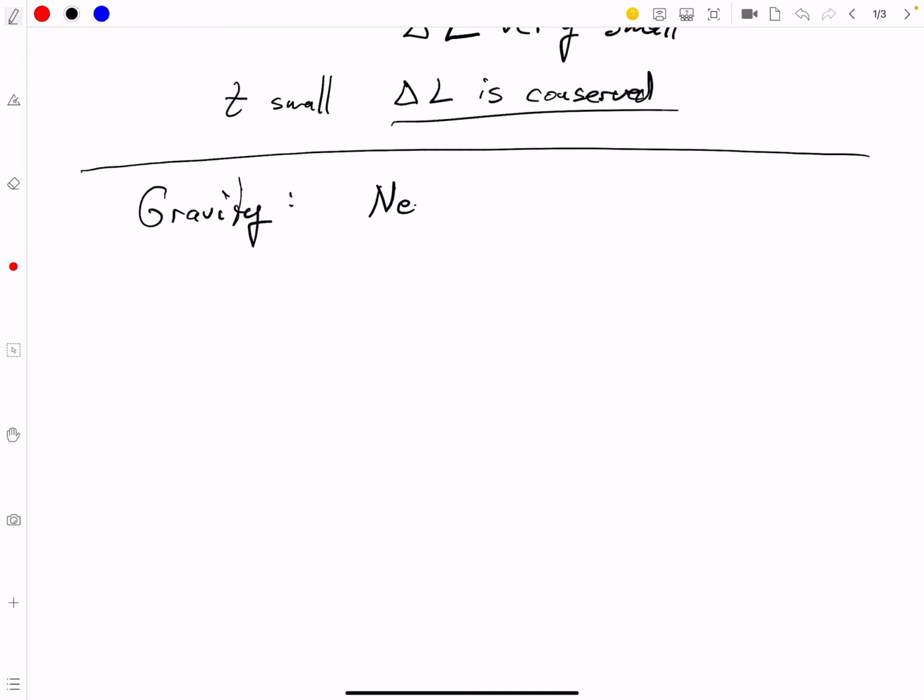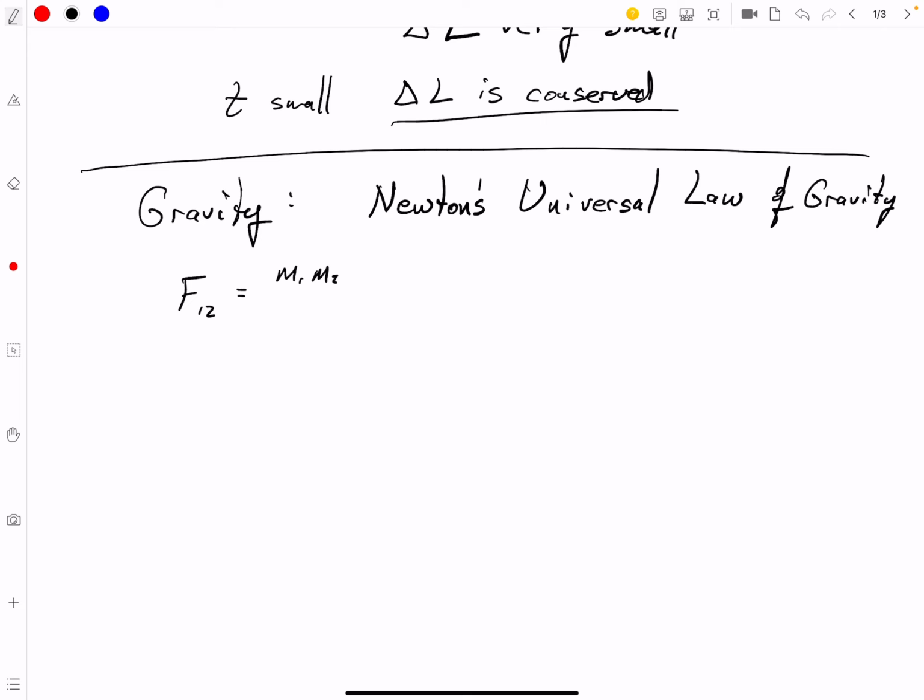So we have Newton's universal law of gravitation, which says that F12 is equal to G mass 1 mass 2 over r squared, the distance between them, in the r hat direction, and that equals minus F21.